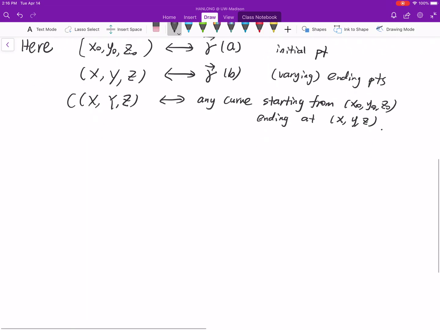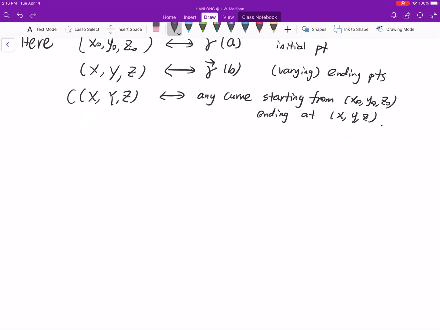Okay, if you draw a picture, you have this one. So let me draw this. This is your domain, and this point (x0, y0, z0), and here you have (x,y,z).